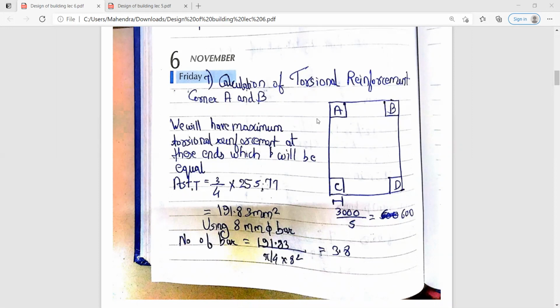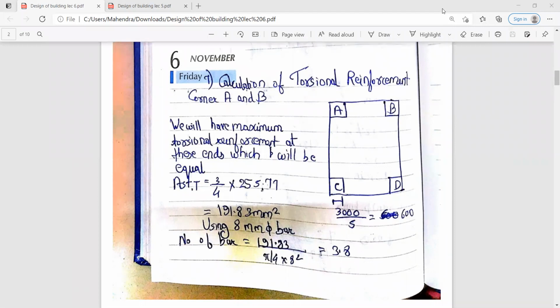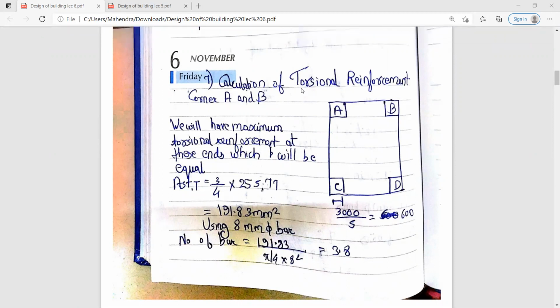Okay, after that you need to again calculate the number of bars. For calculating the number of bars, again you are going to use 8 mm diameter only. The formula for number of bars uses AST torsional, as we are calculating for the torsional reinforcement.